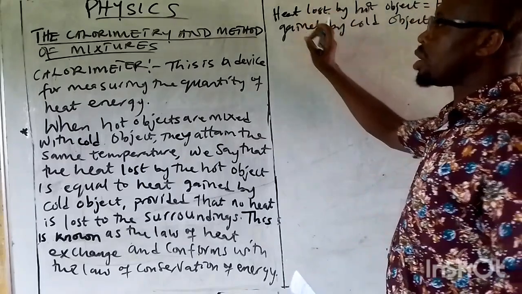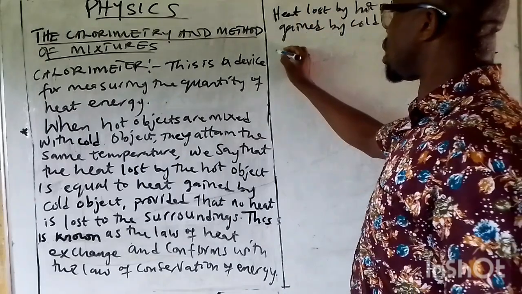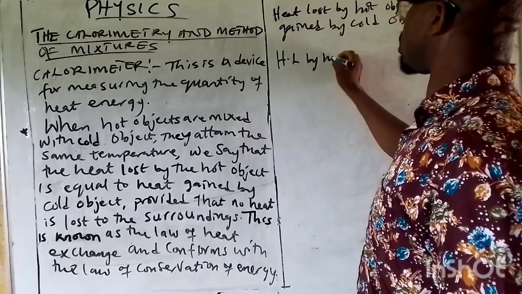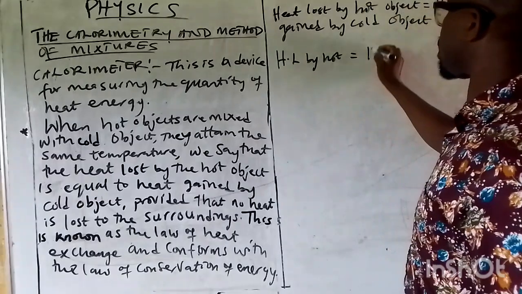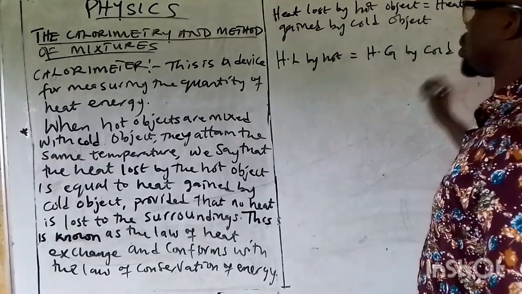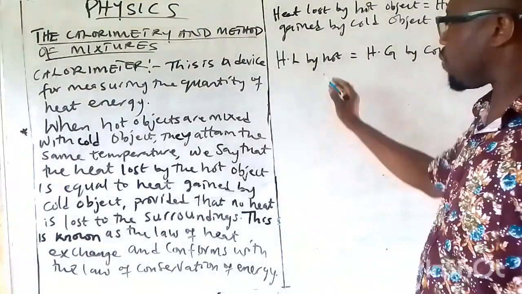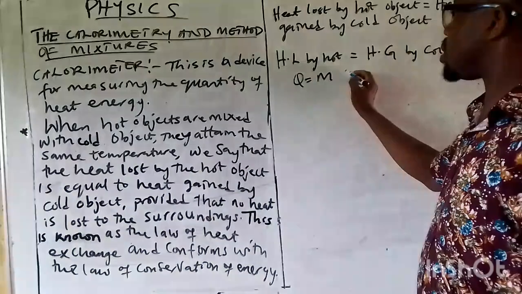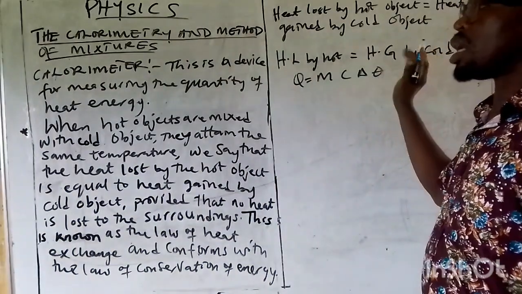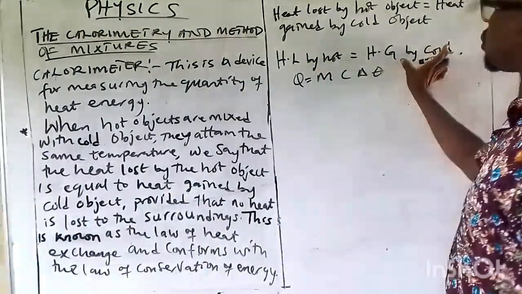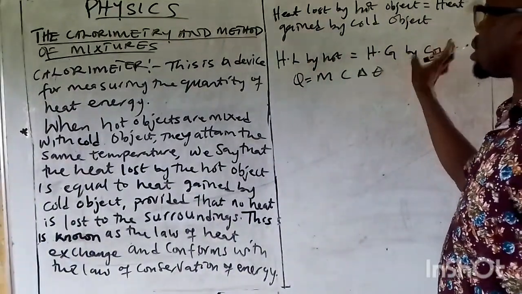We can represent it with the letters: heat loss by hot is equal to heat gained by cold. Remember, the quantity of heat Q is equal to mc delta theta. So in this case, quantity of heat lost is equal to quantity of heat gained.